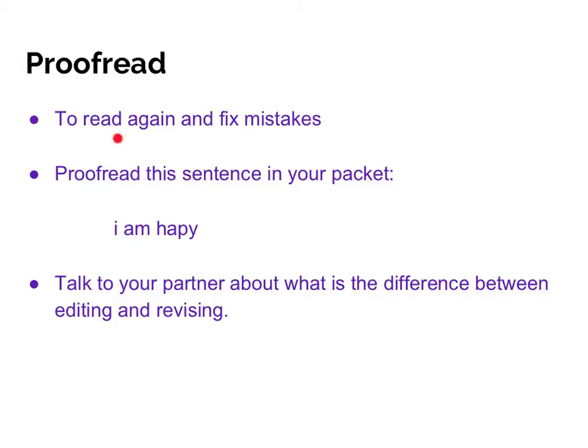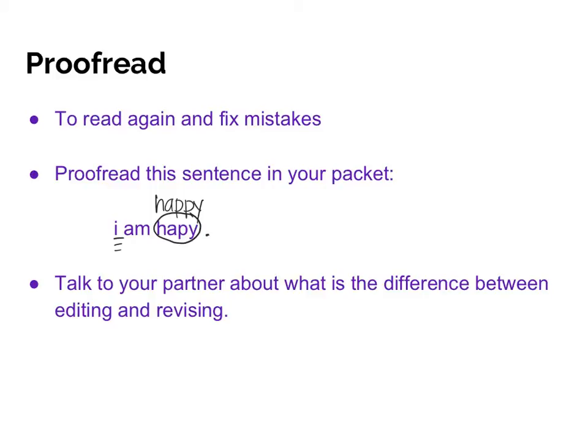You're going to read it again and fix the mistakes. You're going to proofread the sentence in your packet, just like our sentence corrections that we have done. And here's what you should have. Capitalize the I, correct the spelling of happy, period at the end of the sentence.